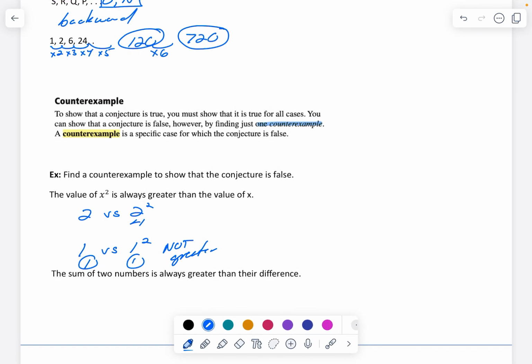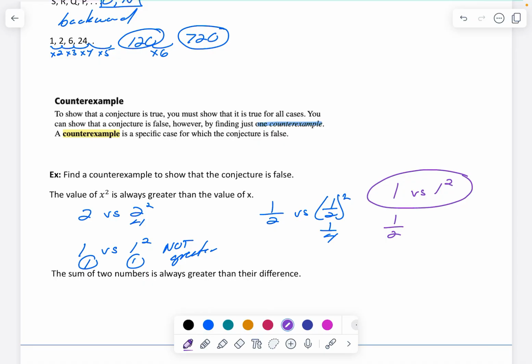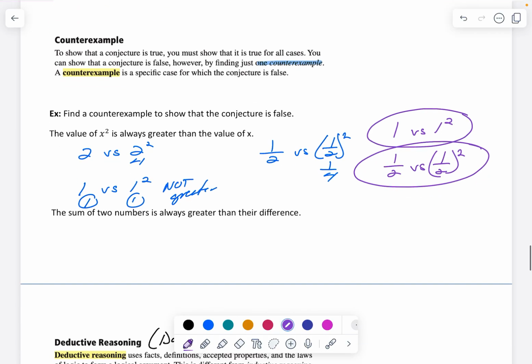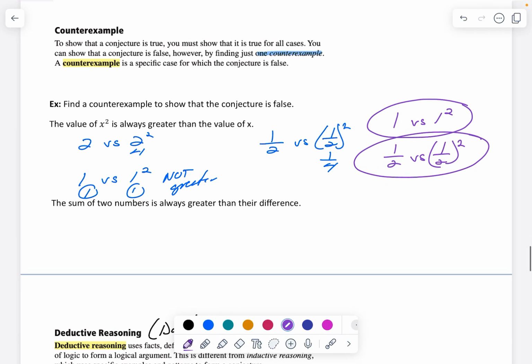Also, we could do 1/2 versus 1/2 squared, which is 1/4. That's not greater either. So we have a couple counterexamples. So we could say 1 versus 1 squared. That's a counterexample. Or 1/2 versus 1/2 squared. So those are a couple ways to prove that that conjecture is false.